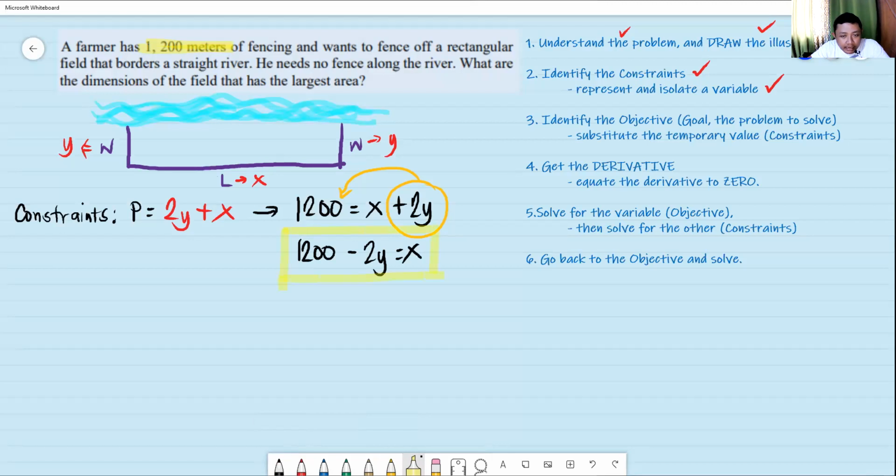That is our temporary equation. Let me note it here. Temporary equation, kasi meron pa kasing variables na hinahanap, kaya temporary pa lang siya. Okay? Next, let's identify our objectives.